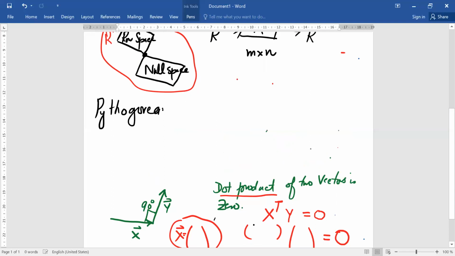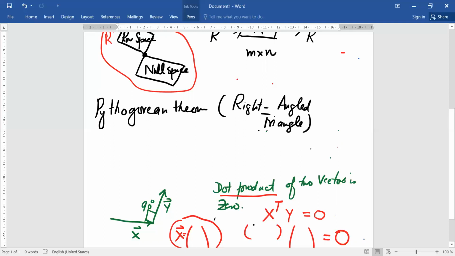And this theorem applies to right-angled triangles. And we all know that hypotenuse square is equal to the base square plus the height square. So let me look at the same scenario.